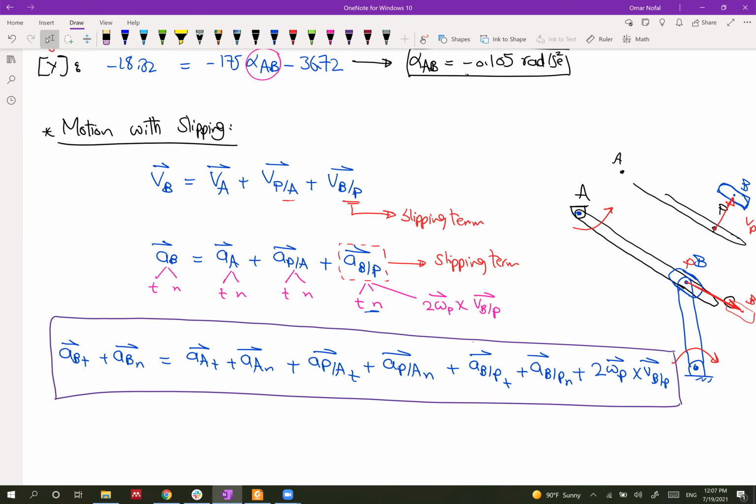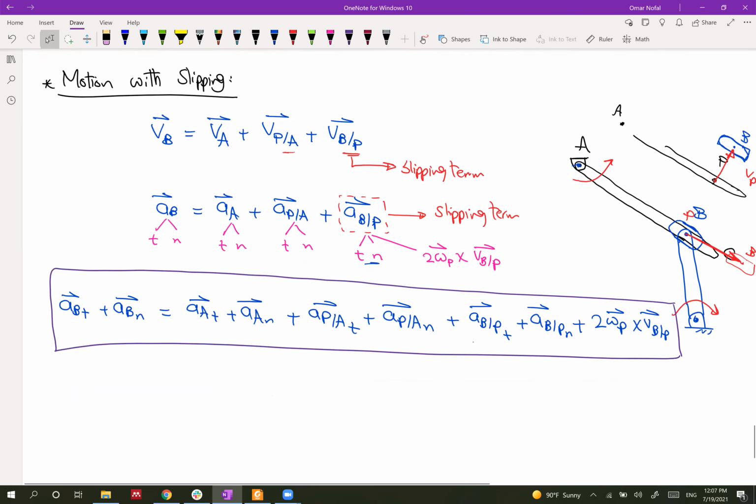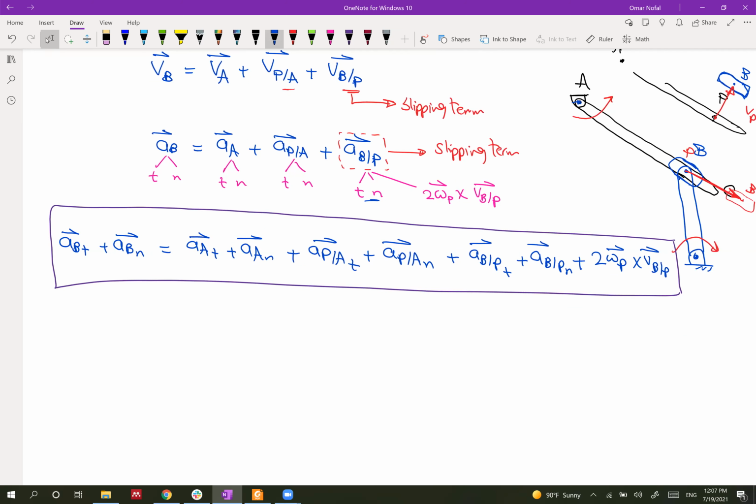All right, so I showed you some of the applications on the slipping. So let's see a couple of applications so we can remember how we map the velocity vector and the acceleration vector.